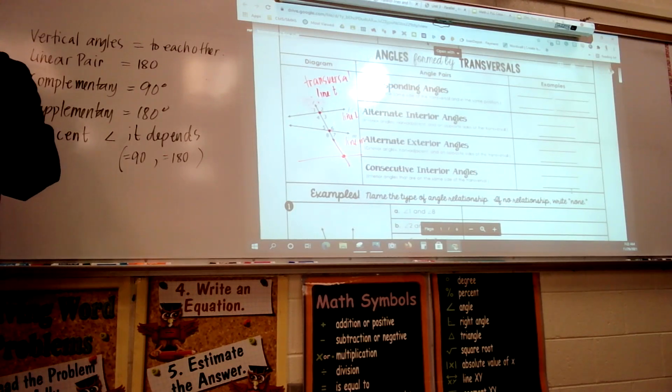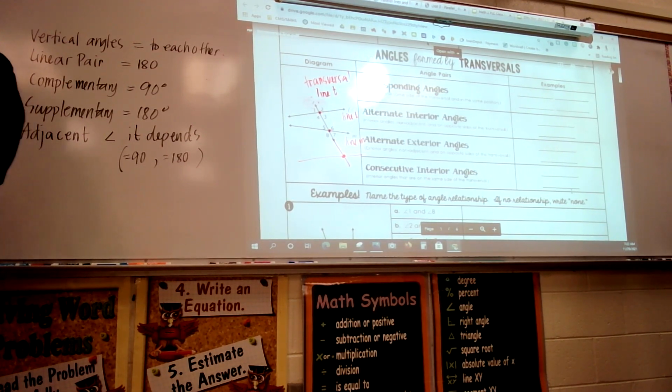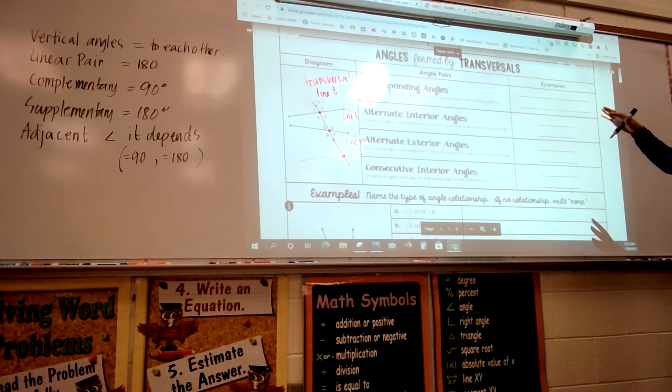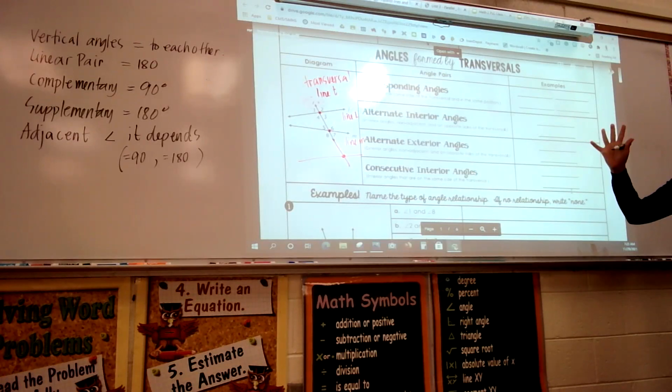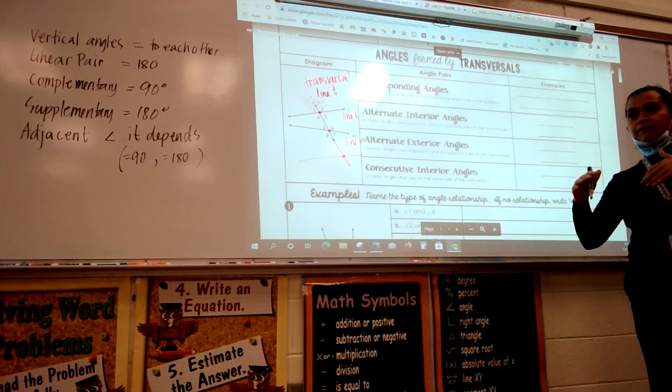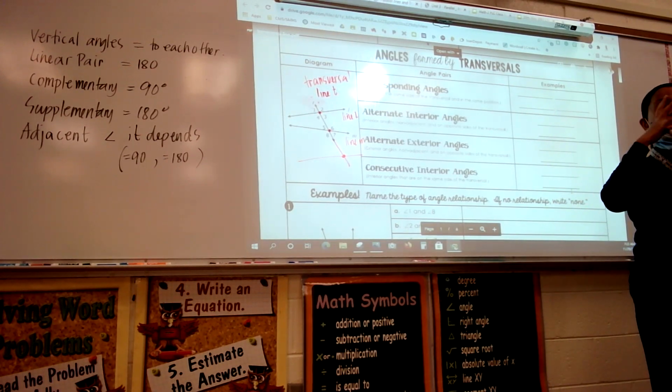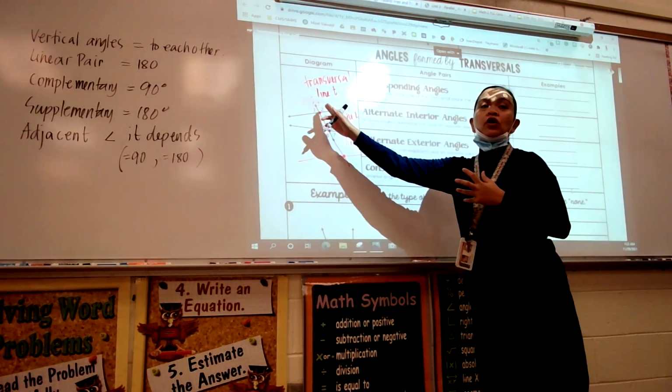I think the other is transversal. I think so. All right, good job. Okay, so here are the angles formed by a transversal. Now, it doesn't necessarily yet, I said yet, meaning it matters later if we have some values that we need to solve here.